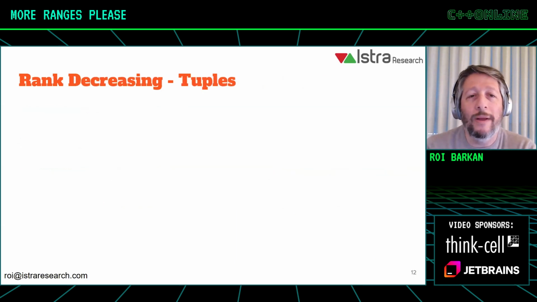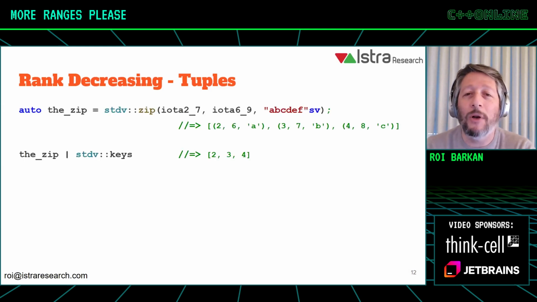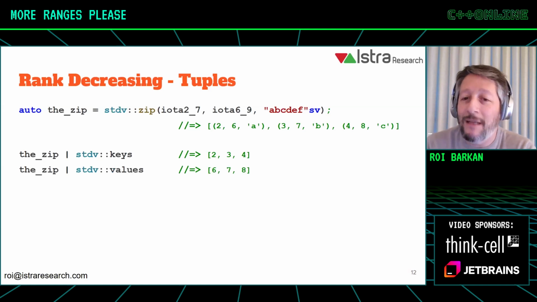Cool. Let's go and look at these adapters that decrease their rank. They can take a tuple as an input, or a range of tuples, sort of like a zip. And if we take std::views::keys, that's basically a shortcut to just taking the first item in each of the tuples. So this assumes that the range of tuples that we get as an input is sort of like tuples where the first element is a key and the second element is a value.